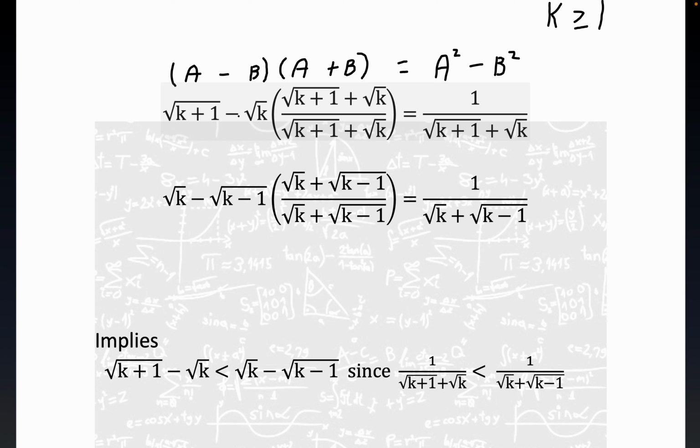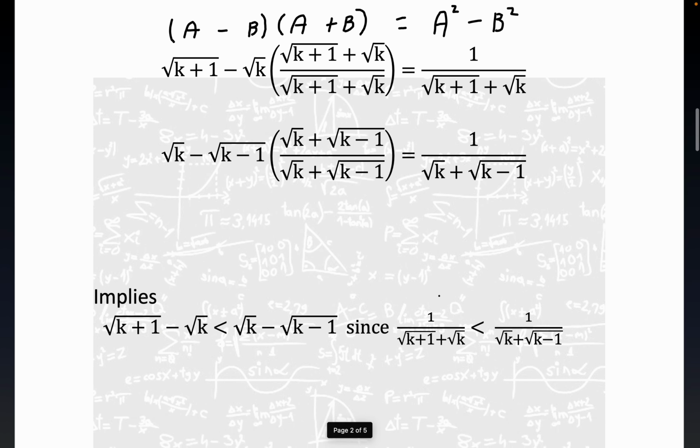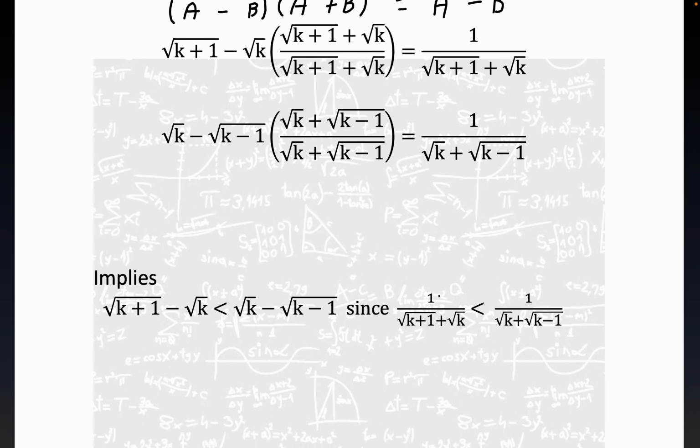Now notice, this guy right here, since we multiplied it by 1, is just equal to this. But now a very nice thing happens. You can see that this denominator, the square root of k plus 1 plus the square root of k, is larger than this denominator right here. So that makes this expression smaller.